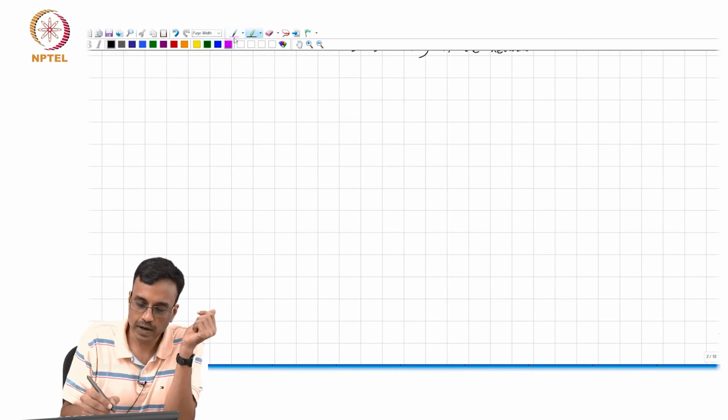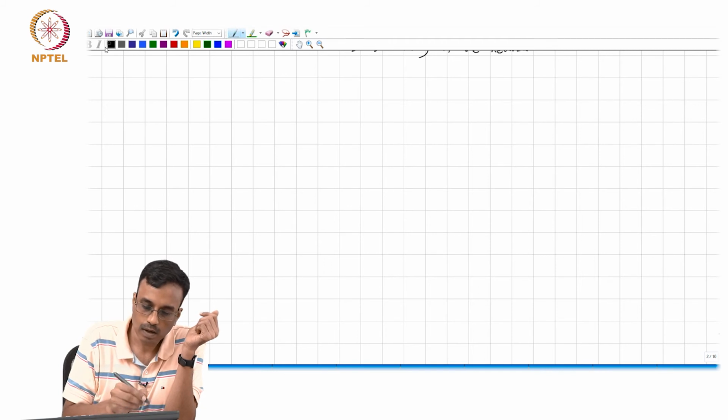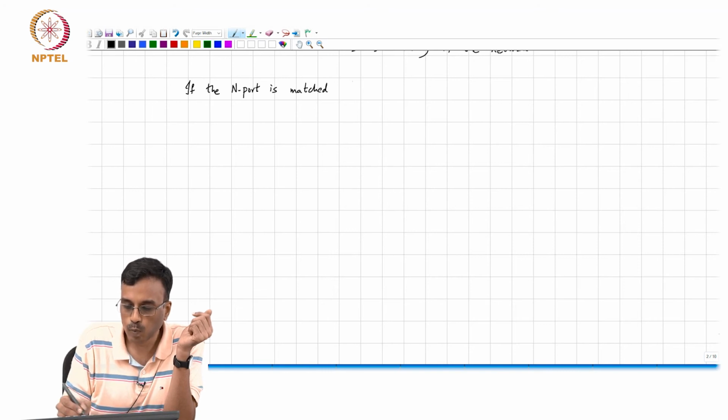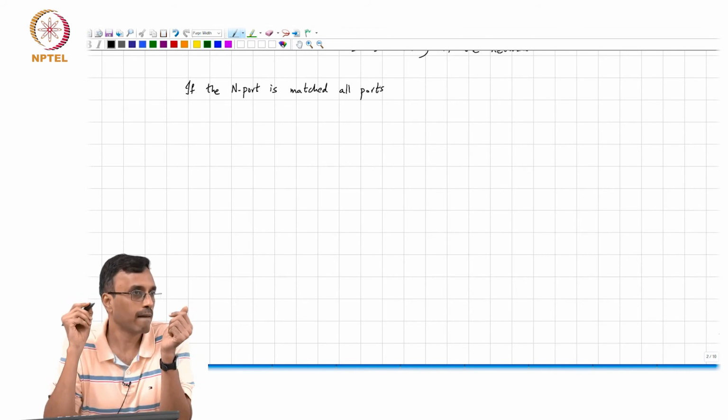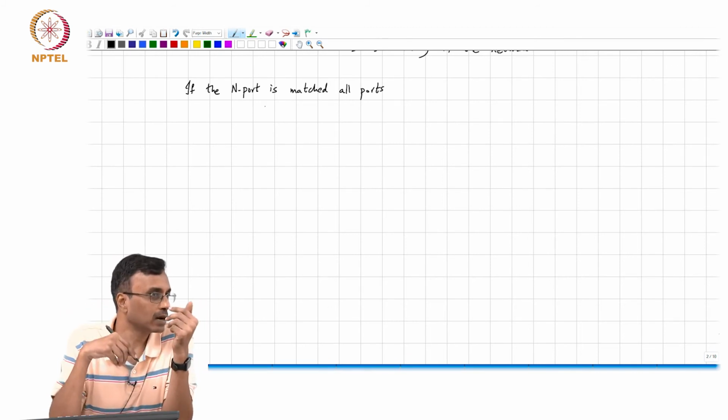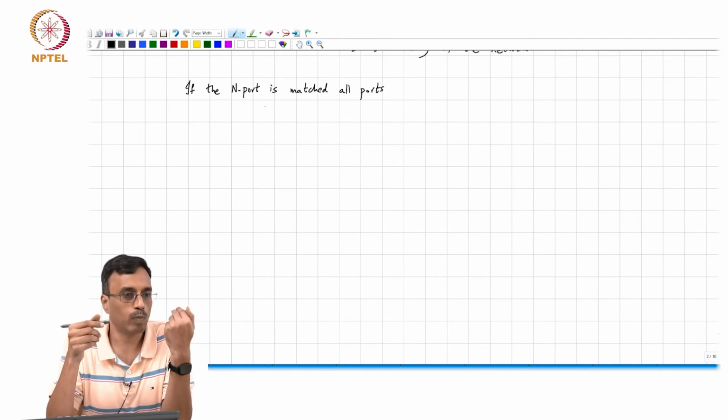Another quick point. If the N port is matched at all ports, what comment can you make about the S matrix? When we say N port is matched at all ports, what does it mean?